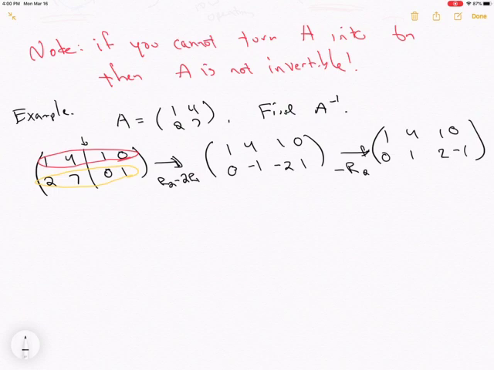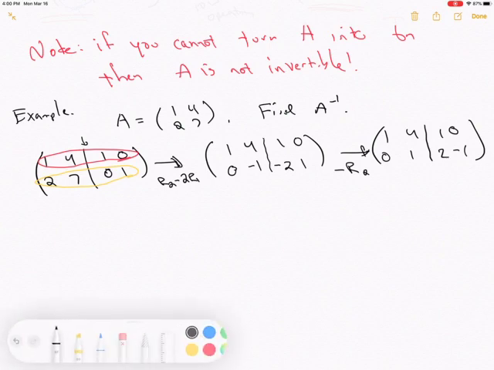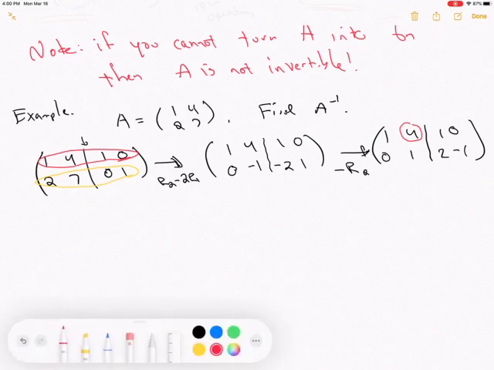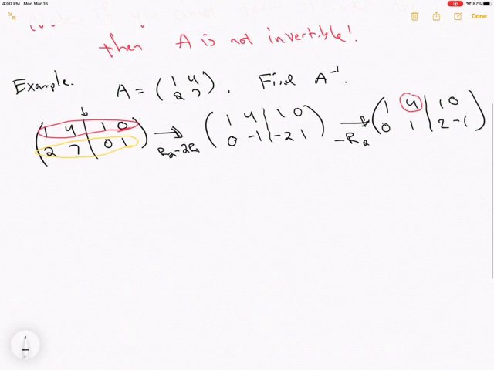Alright, and so as you can see, I'll put the barrier set up. So we've done an elementary row operation, and we're not quite at the identity. To get the identity, we still need to do something to turn that into a 0, and there's pretty much just one thing we can do.